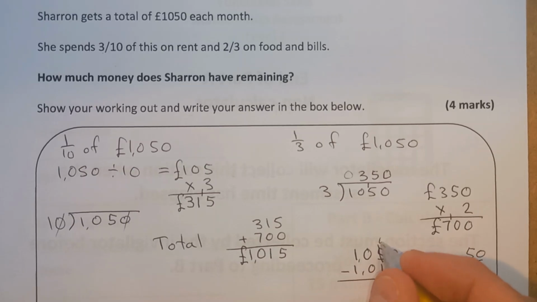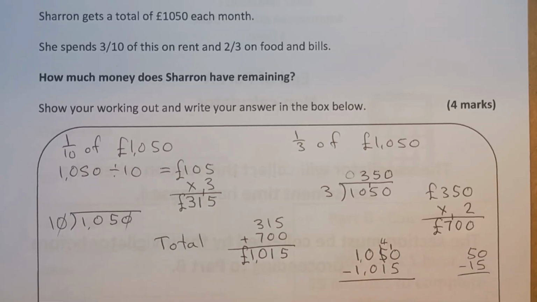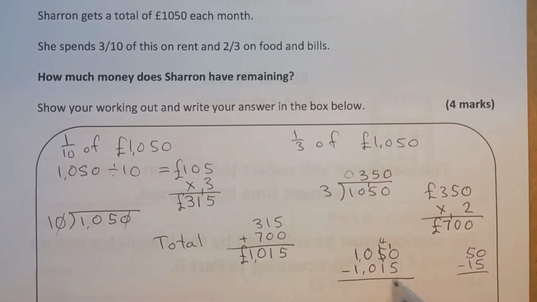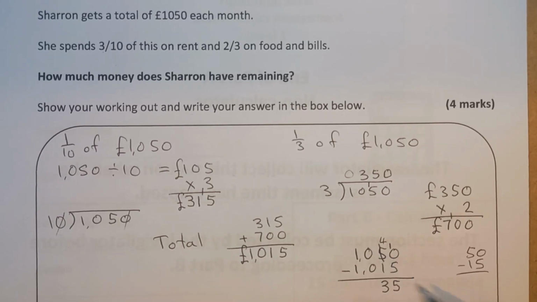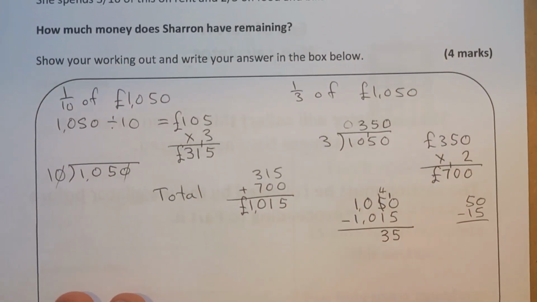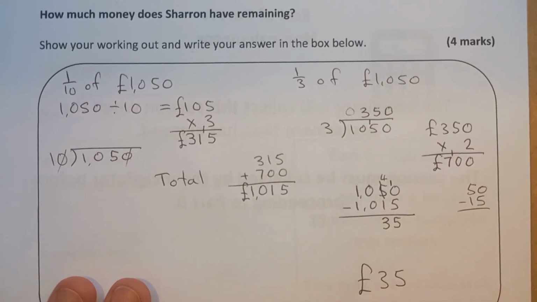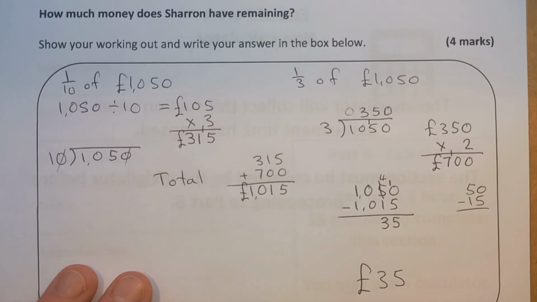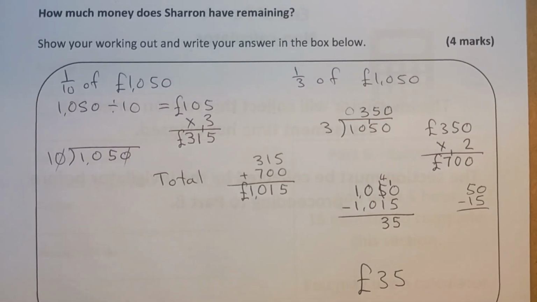So we're going to reduce a 5 to a 4 and pass a 1 over there. So 10 take away 5 is 5, 4 take away 1 is 3, 0 take away 0 is 0, 1 take away 1 is 0. So we get our final answer of £35. And that's the end of the non-calculator section.